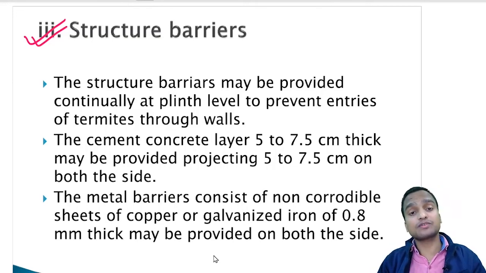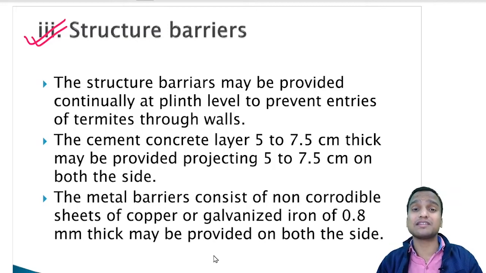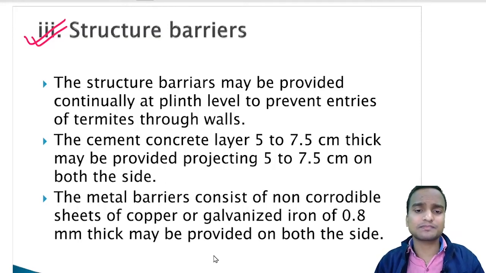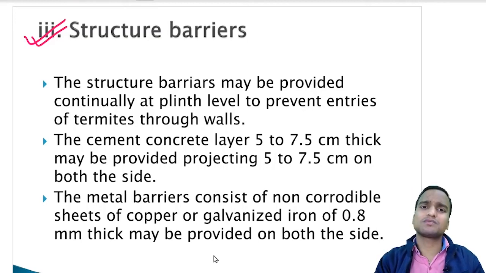We can also use metal barriers consisting of non-corrodible sheets of copper or galvanized iron of just 0.8 mm thickness, and these metal sheets can be laid down on both sides of the plinth where we are going to construct. So all these structural barriers prevent the entry of termites through the walls.